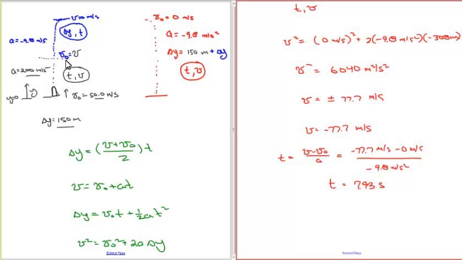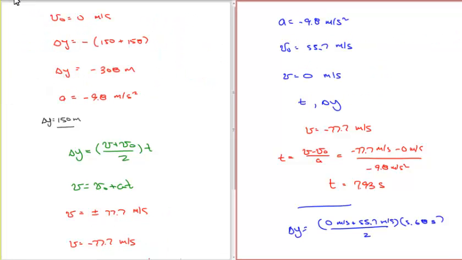And what we did was we added 150 plus this displacement, which gave us the total. How long after liftoff does the rocket reach its maximum height? Well, all we have to do there is take this time plus that time. So let's pick those out.